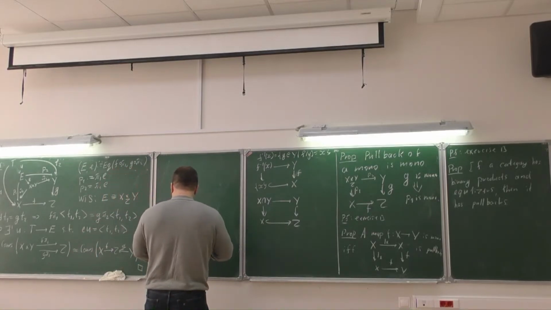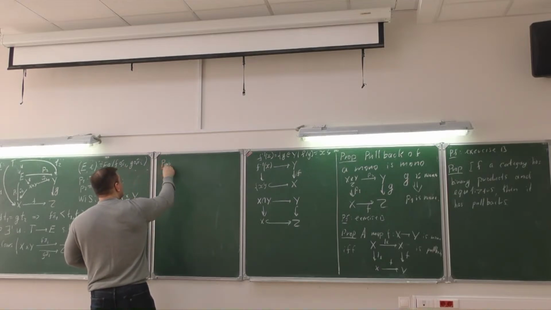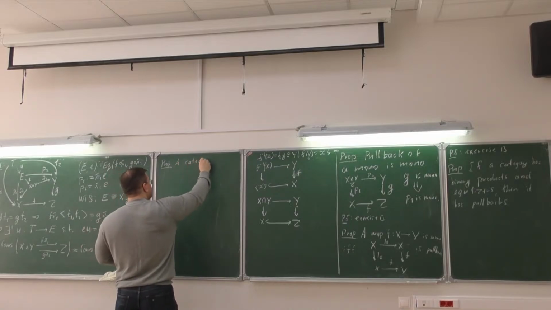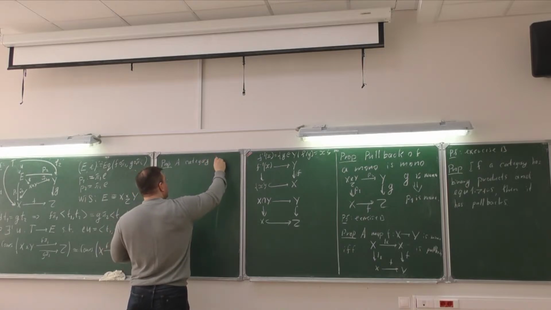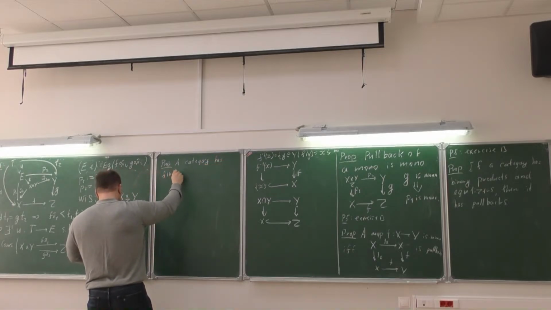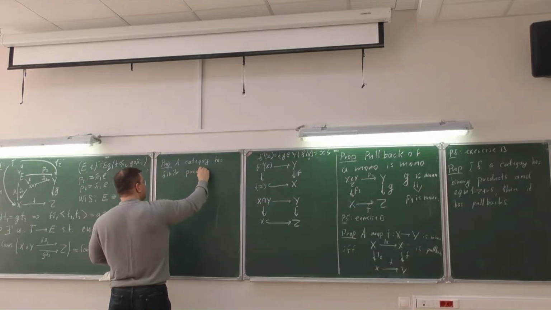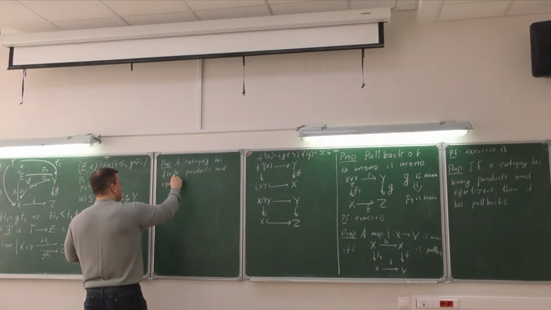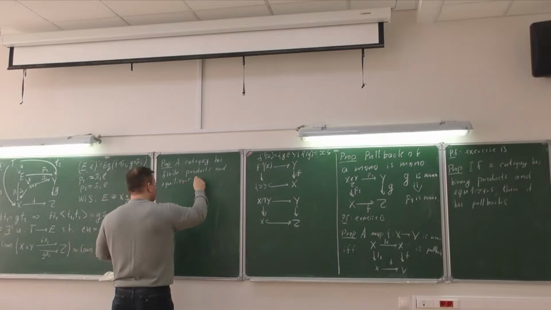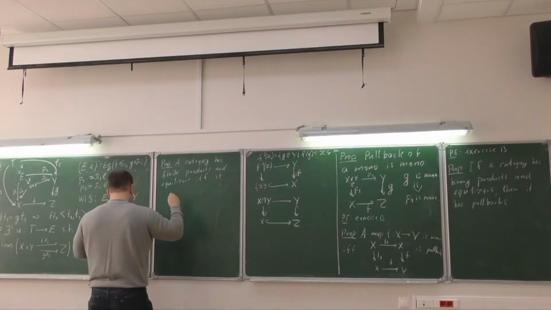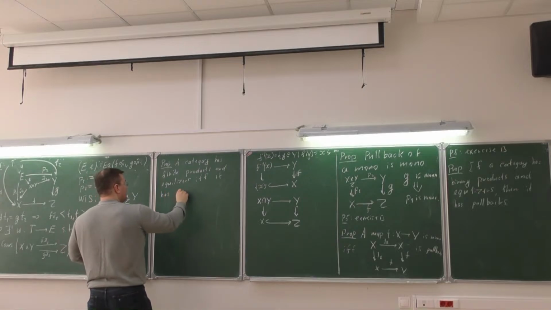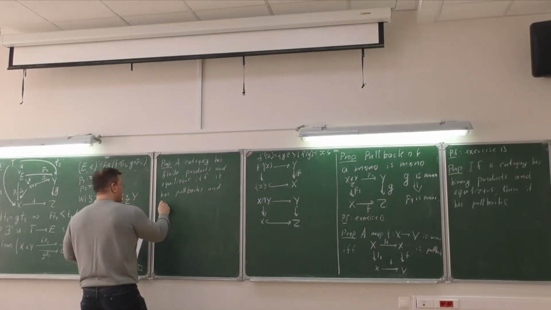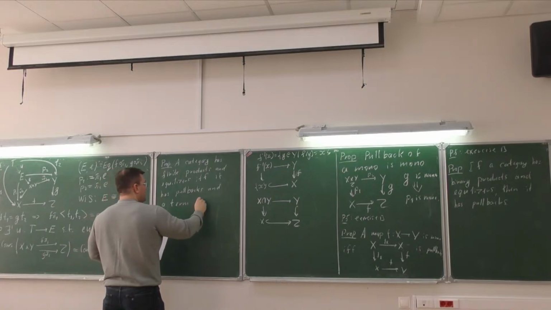So this is one proposition that I want to show, and there is one more, much more elementary. A category has finite products and equalizers if and only if it has pullbacks and a terminal object.